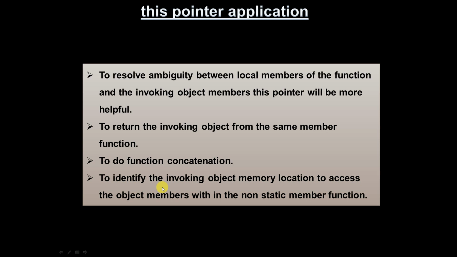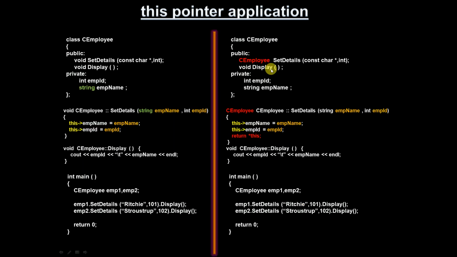If local variables are not there, your compiler is smart enough to get the values from the invoking object. But if the local variables have the same name as your class data members, then you have to explicitly give this arrow. That is compulsory. Since both are the same, you have to give this arrow.